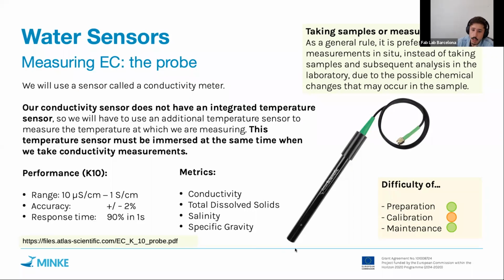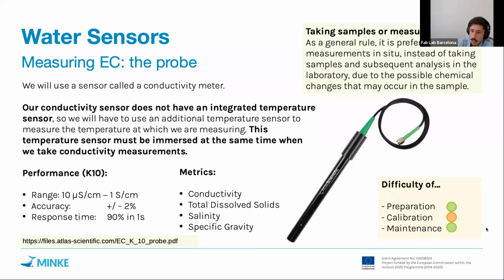If you want to calculate salinity, you will need to take measurements of temperature along with the conductivity. And normally all of you have also included a temperature probe, and it gives a lot of metrics. So it doesn't only give electrical conductivity, but also, as we were mentioning earlier, dissolved solids, salinity, and what we call specific gravity.